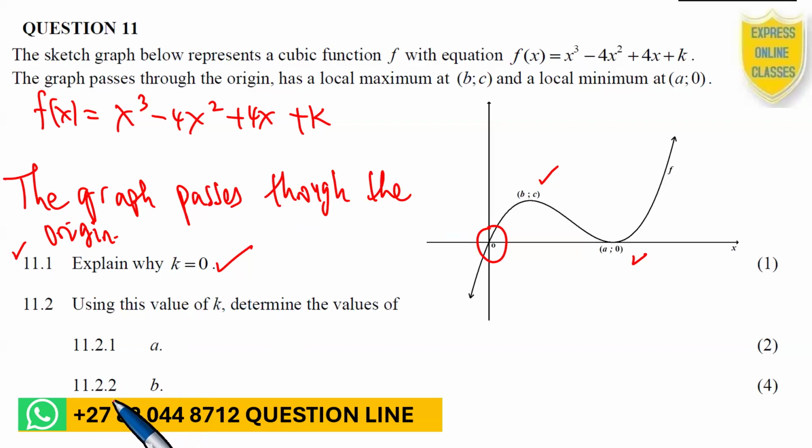Okay. That's the reason. For every graph that passes through the origin, the constant term is identically 0.